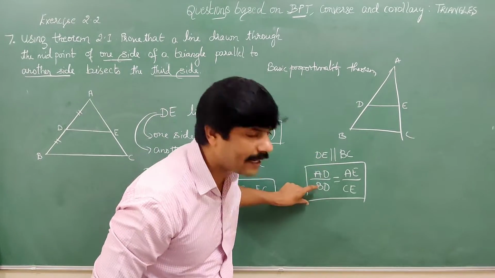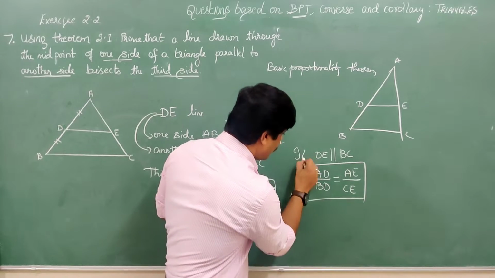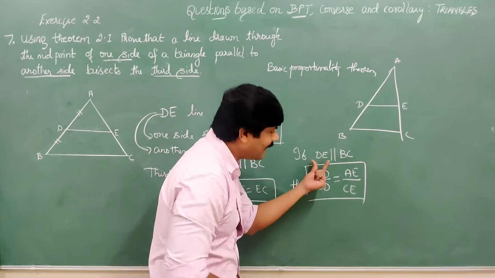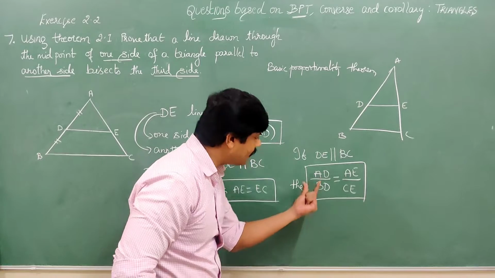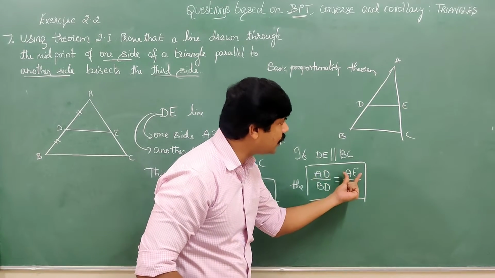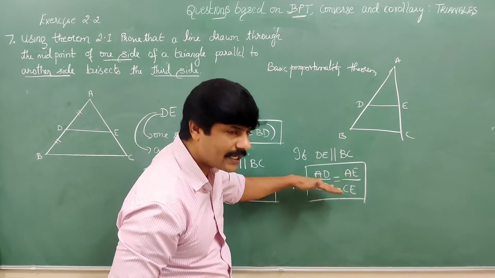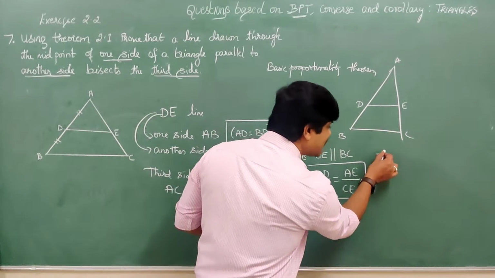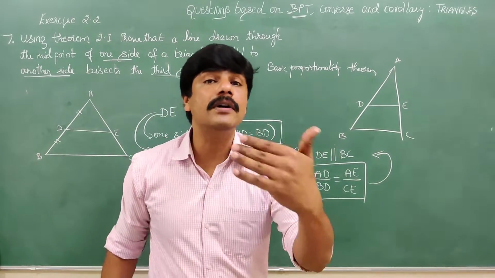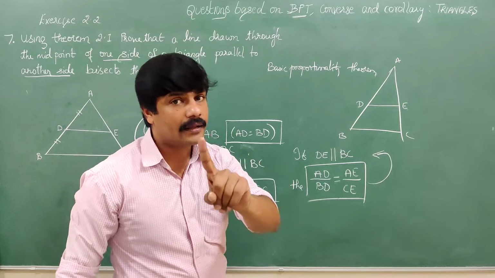Okay, this is nothing but if-then. If DE is parallel to BC, then AD by BD is equal to AE by EC. If the condition is reversed, then it is the converse of BPT. Understand?